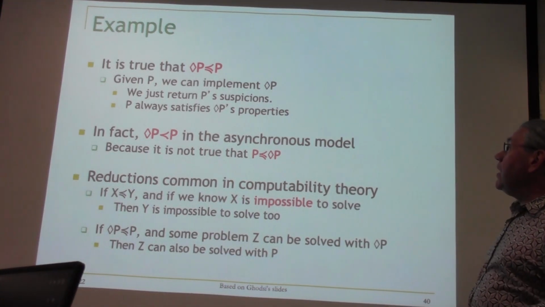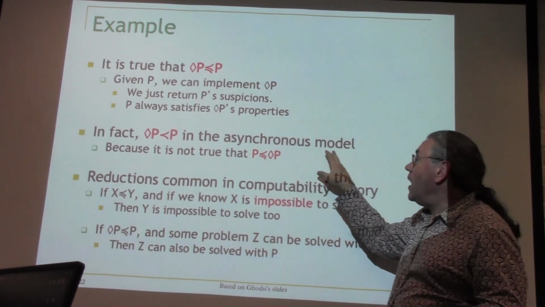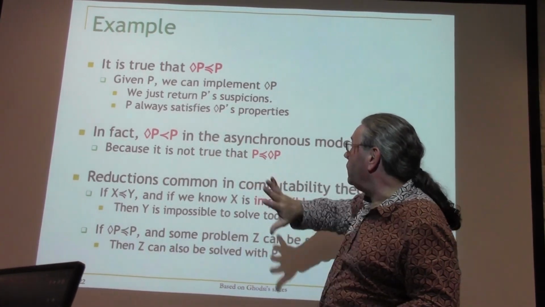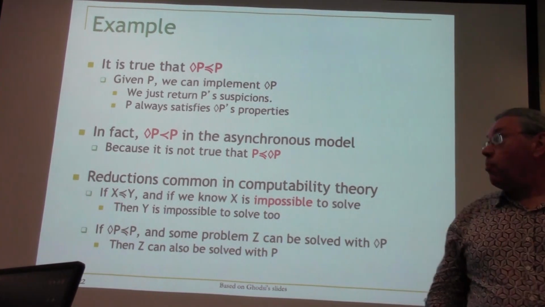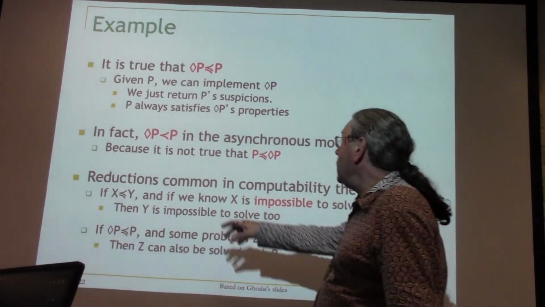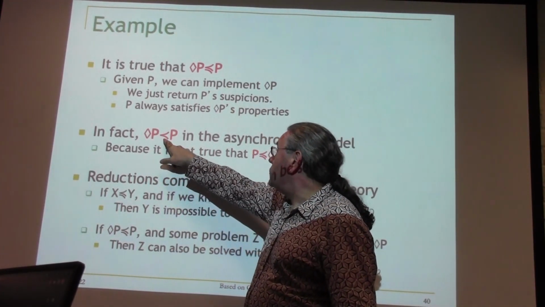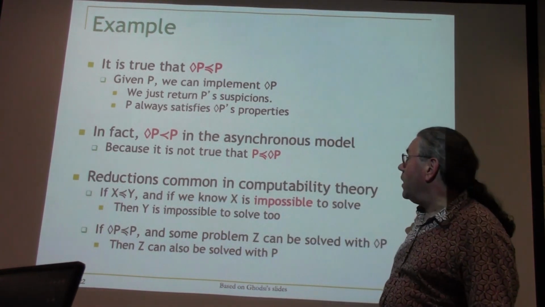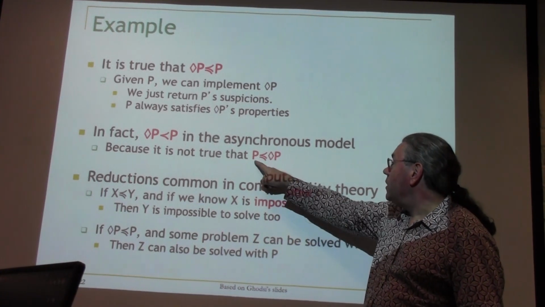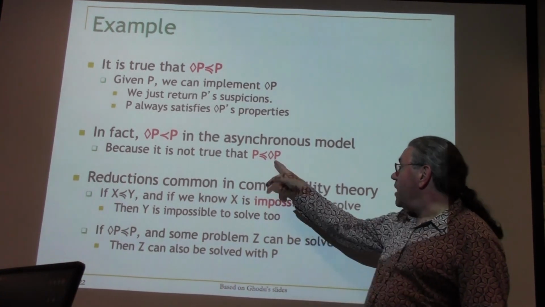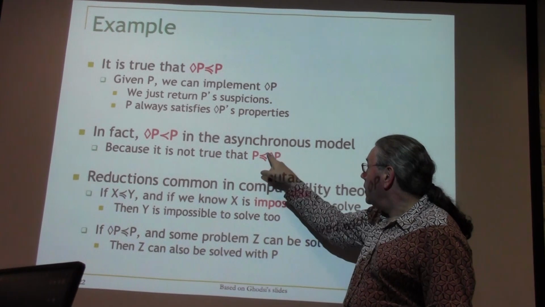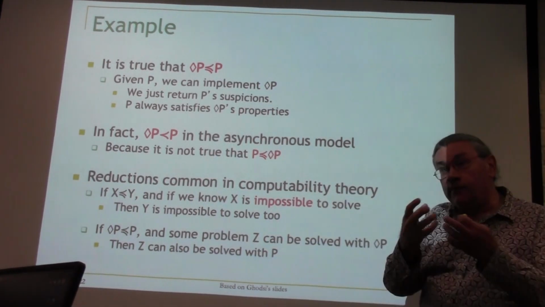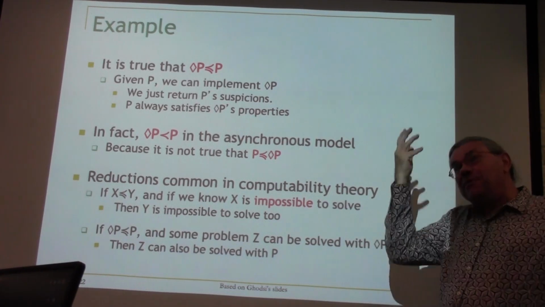We can also say, in the asynchronous model, if we restrict ourselves to the asynchronous model, then eventually P is strictly weaker than P. Because we cannot implement P using eventually P. That means if we have an algorithm that makes mistakes, eventually P, we cannot somehow get rid of those mistakes.